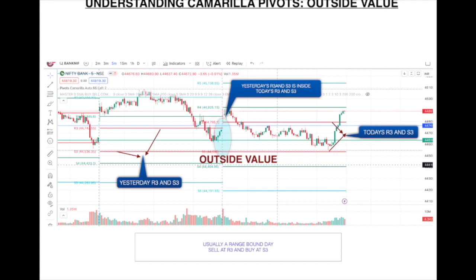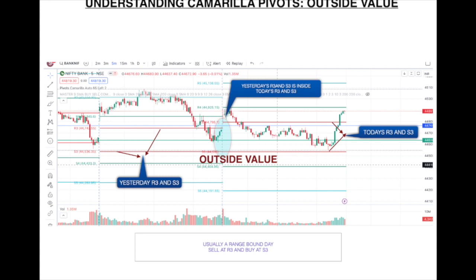You can sell when the market reaches R3 with a stop loss at R4 and a target of S3. Similarly, when the market reaches near S3 and makes a candlestick pattern like a hammer, keep the low of the hammer as the stop loss and buy for a target of R3 or R4. This is the outside value relationship.